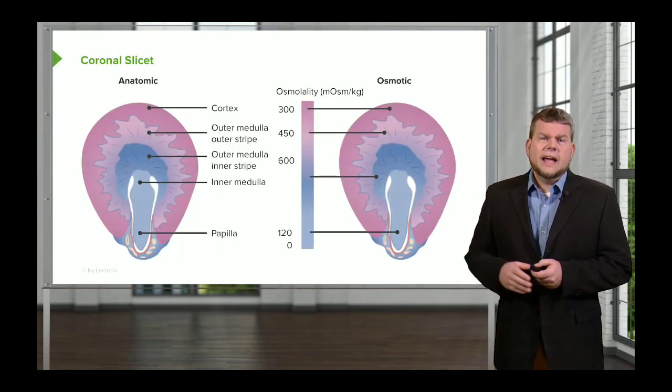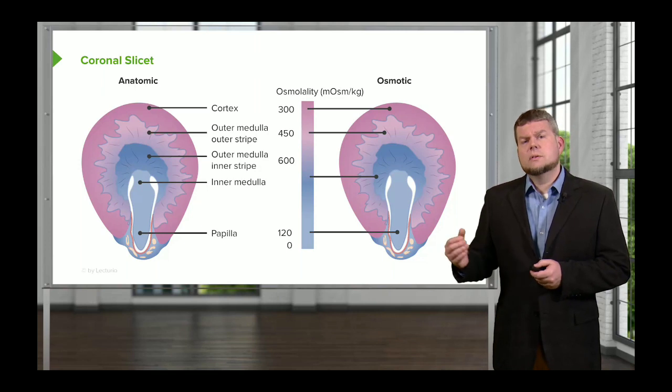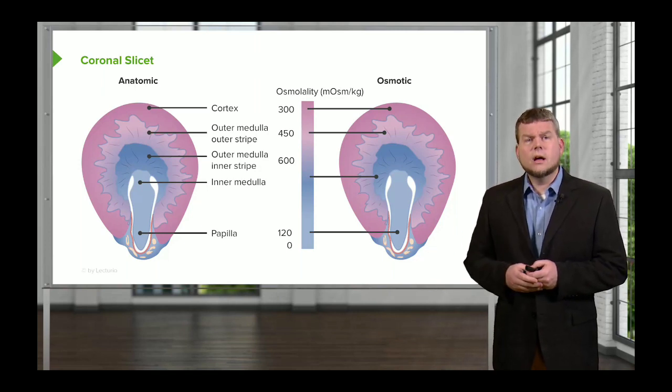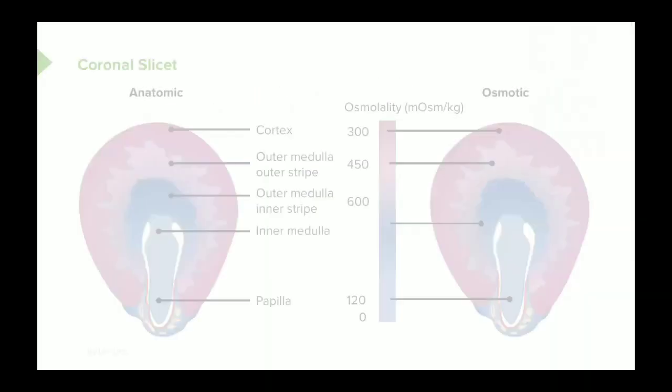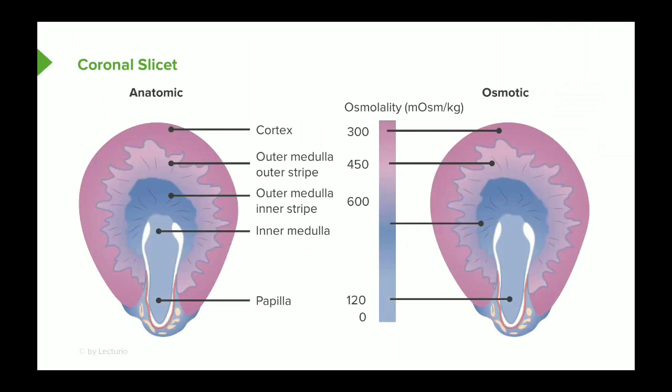So if we look at the anatomical and also the osmotic components of the kidney, the anatomical are things of where the cortex is located, where the inner medulla and the outer medulla are located, and why that becomes important for the nephron is there are a number of osmotic gradients associated from the lowest, about 300 milliosmoles in the cortex, to a maximal of the inner medulla of about 1200 milliosmoles.